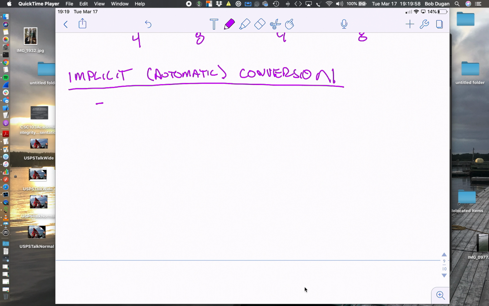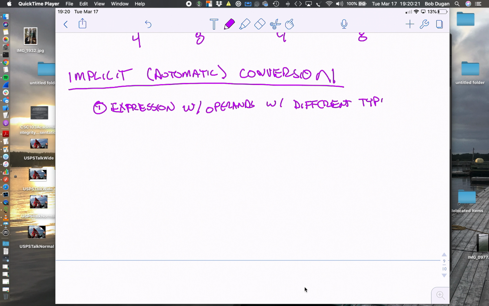You have an expression with operands with different types. You have an operator that expects both types to be the same, both operands to have the same type.